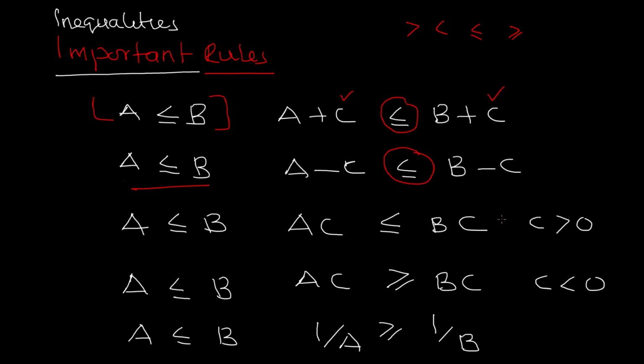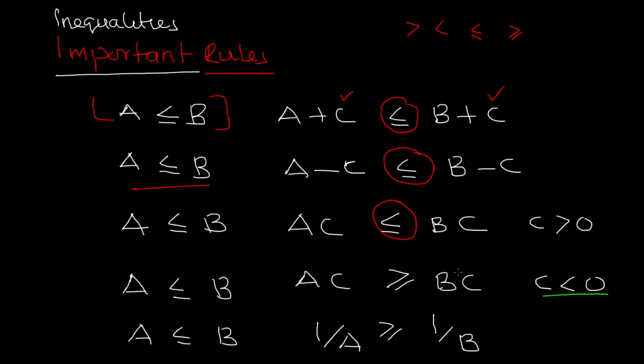Now if we multiply with the same value on both sides, let's say with a 2 and there with a 2, and it's positive, the sign remains the same. But there are two special instances when the sign actually changes. It's when we multiply with the same value that is less than 0.